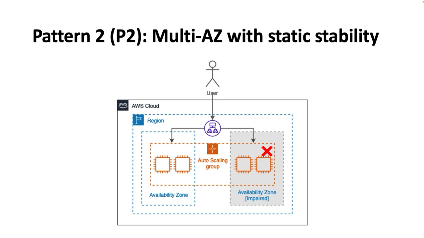So the second pattern would be P2, that is multi-AZ deployment with static stability. P2 uses multiple instances here, unlike the first example, again deployed across multiple availability zones within a region to increase resilience. This pattern uses a concept called static stability, which eventually prevents bimodal behavior.